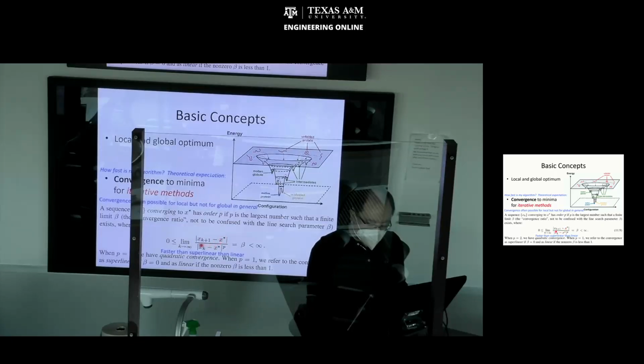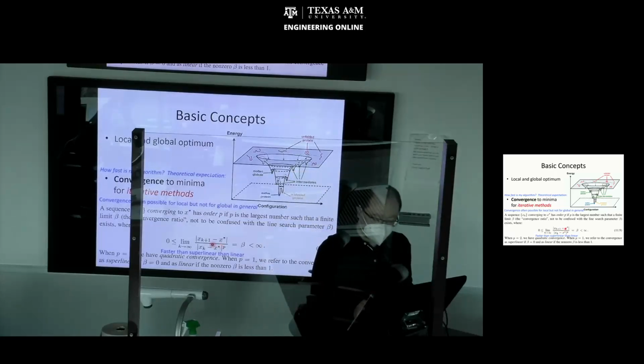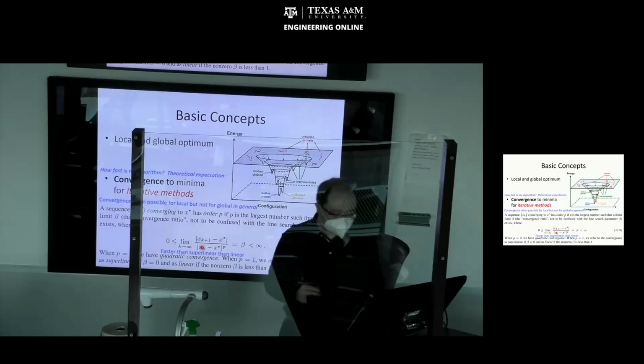And then compare this distance to the last step's distance to the global optimum to the power of p, okay? So we're calculating the distance to the global optimum in 2 consecutive steps, the future versus the present, or the present versus the past, okay?